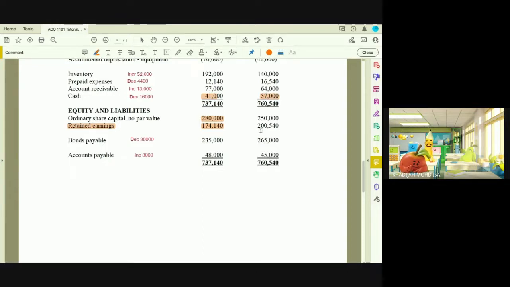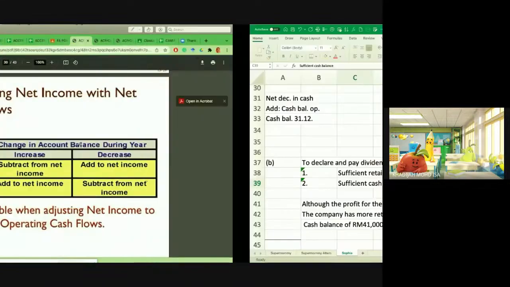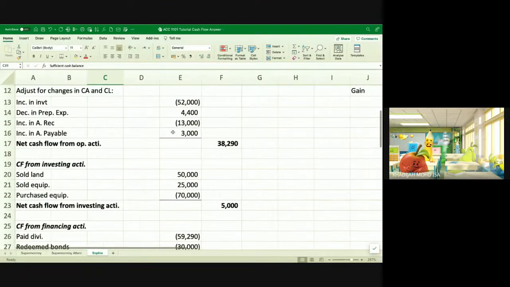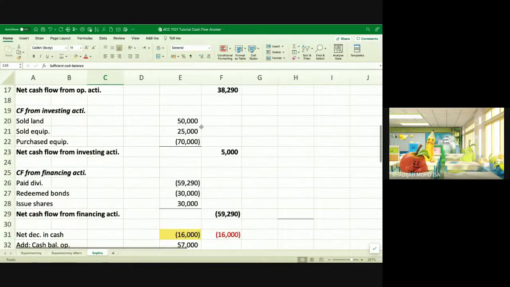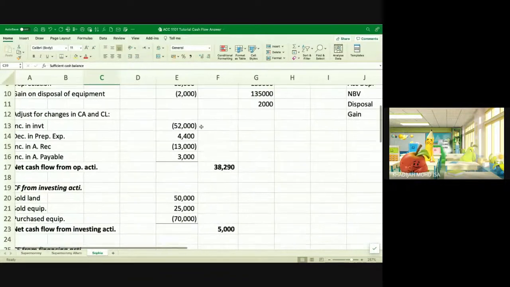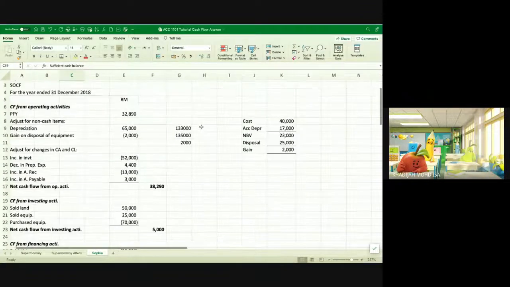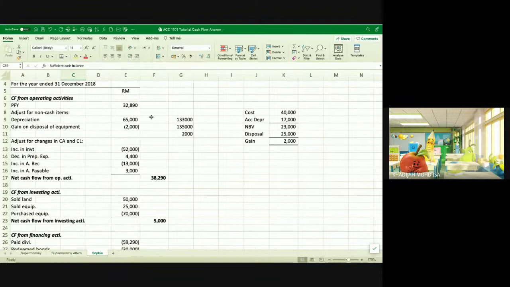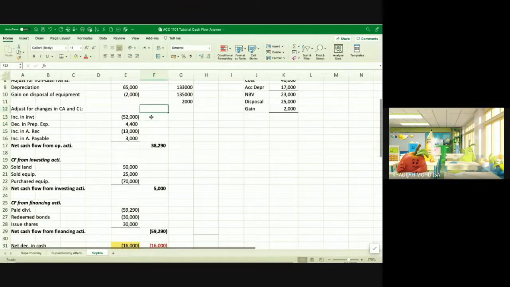If you look at your cash increase and analyze further, where do you get the cash from? Remember that this one is not cash. Cash flow from operating. All these additional, the 50 increase in inventory, the positive ones are the cash inflow.